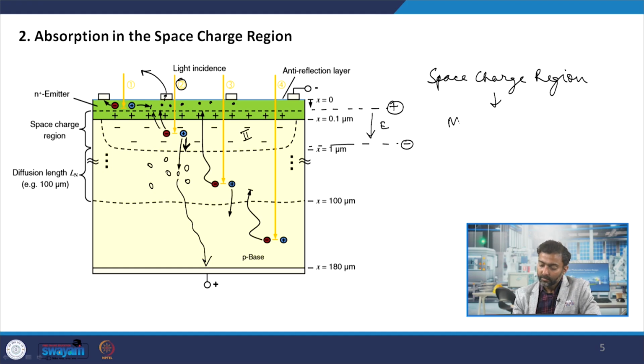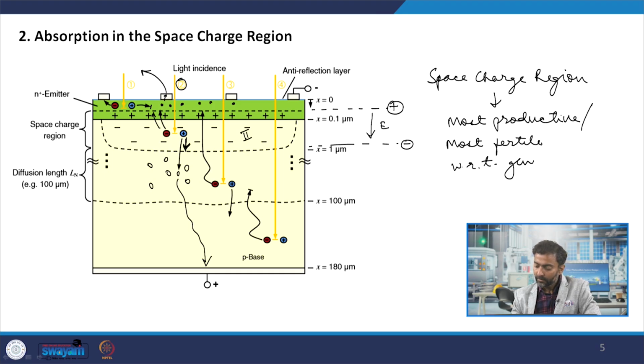So this is the most productive, or most fertile region, we can say, with respect to generation of photocurrent from the solar cell.